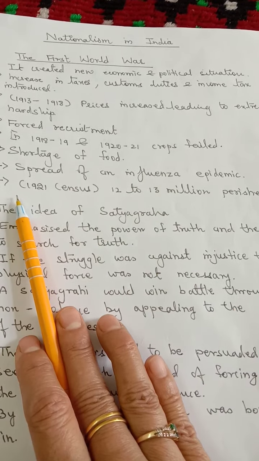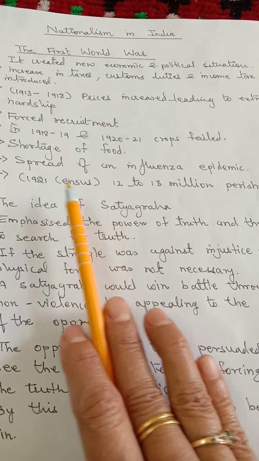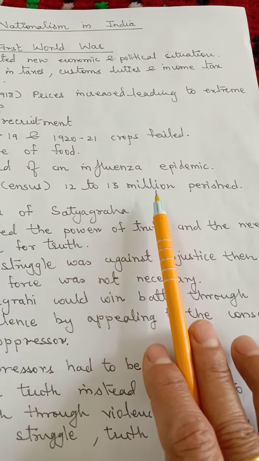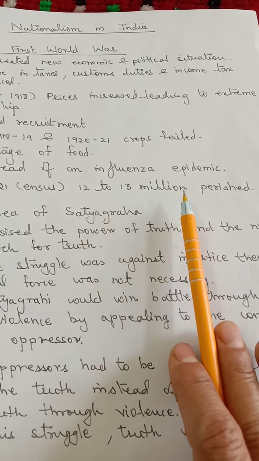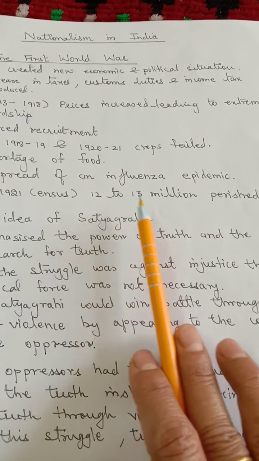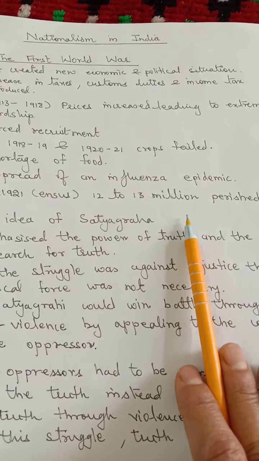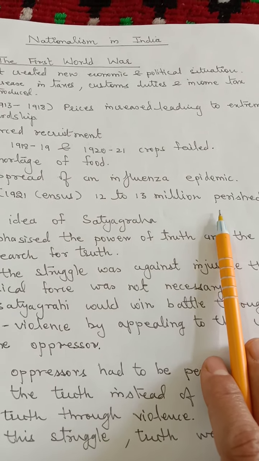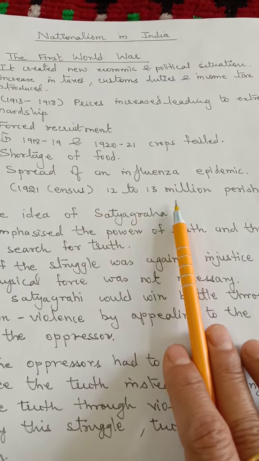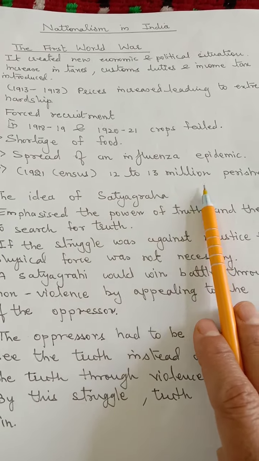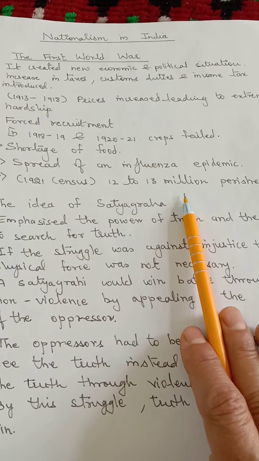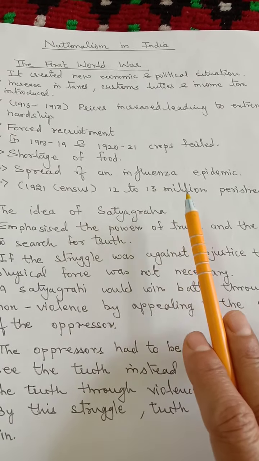Okay, and then according to the census of 1921, 12 million people died in India. 12 million means 1.2 to 1.3 crore people died in India. People thought that after the First World War, their hardship would come to an end. But unfortunately, this did not happen.